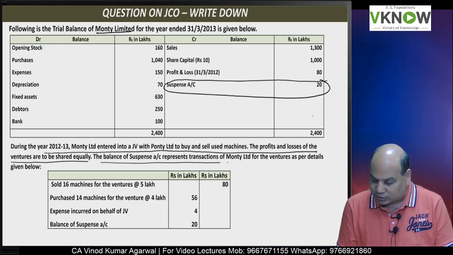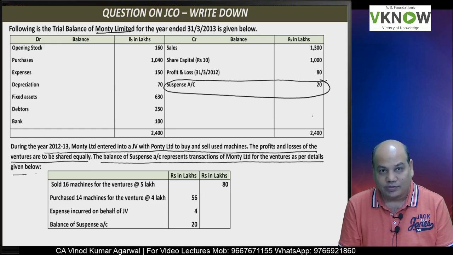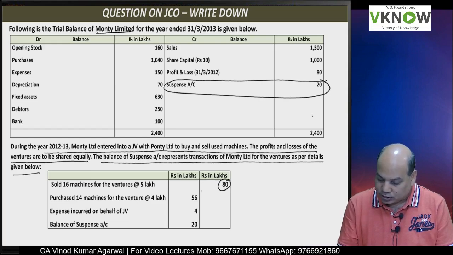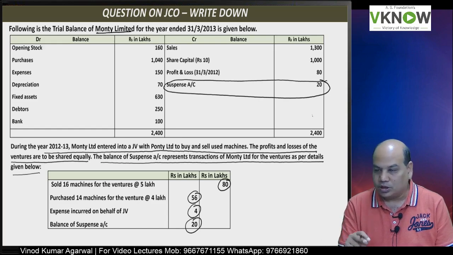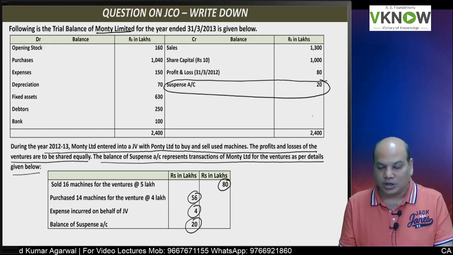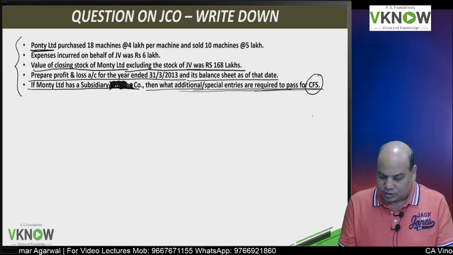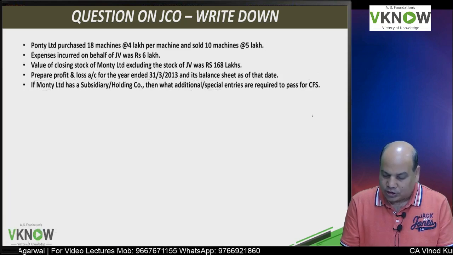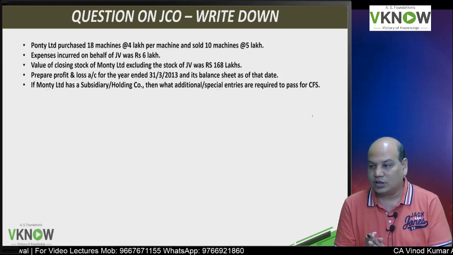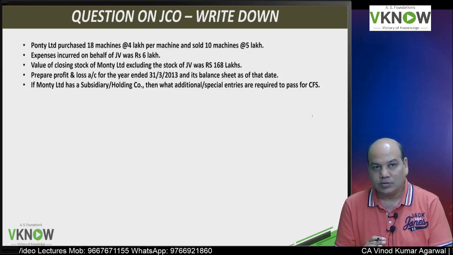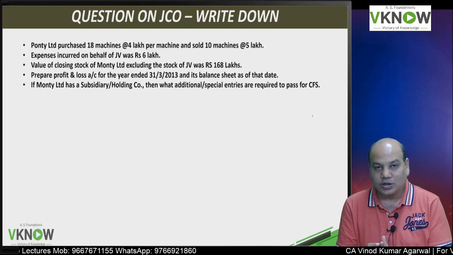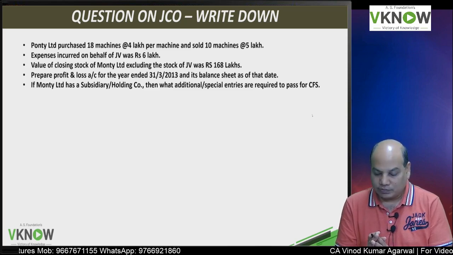The balance in suspense account for the venture was as per given below. So these are the details of the transaction which Monty Limited has entered into on behalf of joint venture, and the other venturer Ponty Limited has also purchased 18 machine at rupees 4 lakh per machine. He has sold 10 machine at rupees 5 lakh.